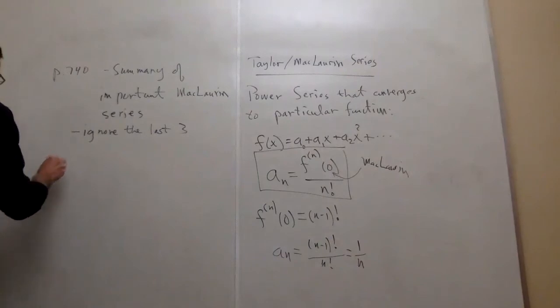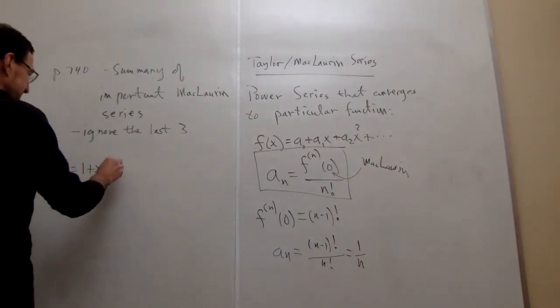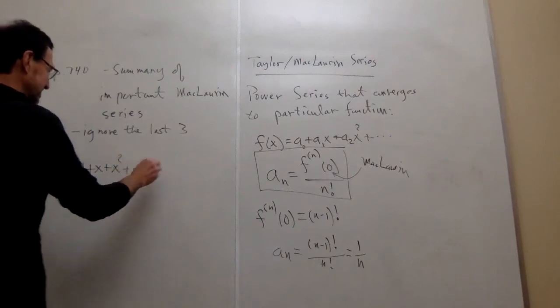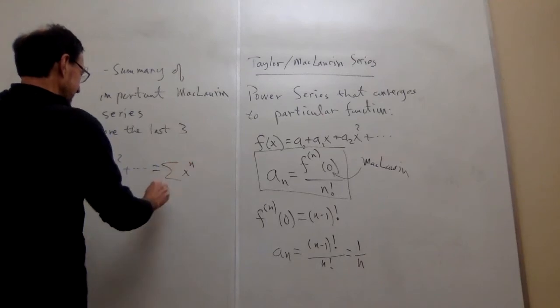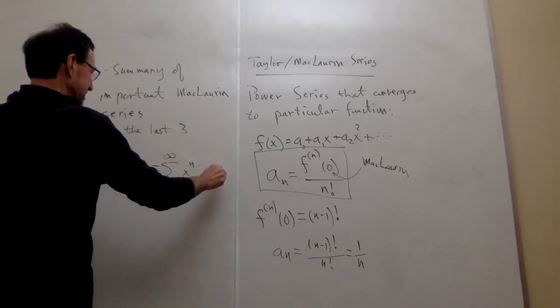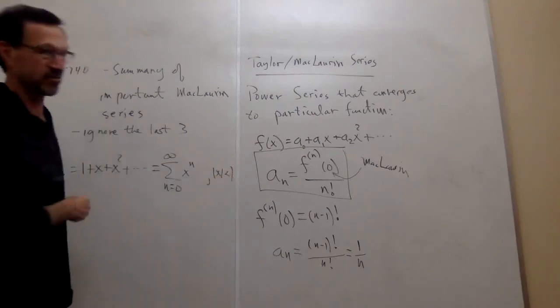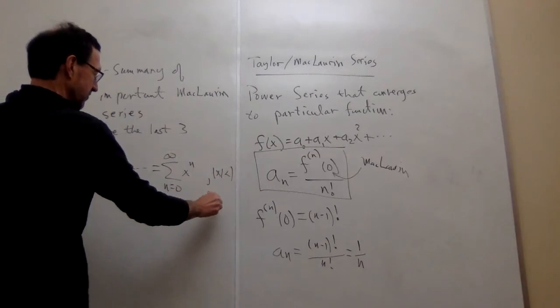1 over 1 minus x equals 1 plus x plus x squared and so on. It's a geometric series. In sigma form, we can write it as the sum of x to the n, n equals 0 to infinity. And it converges if the absolute value of x is less than 1. That's the way it's written in the book. I see this over here, and I say, okay, R equals 1.